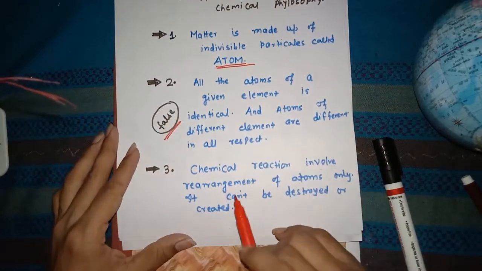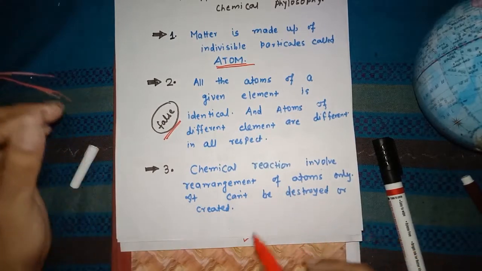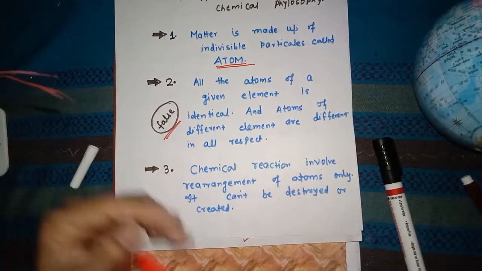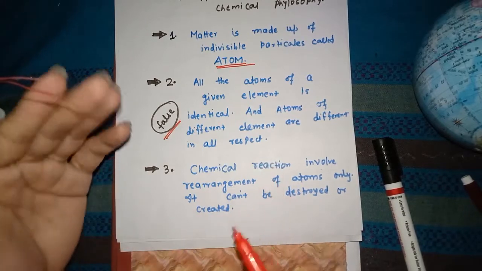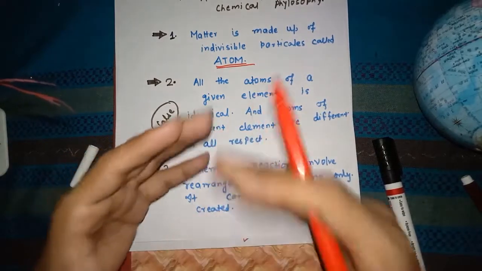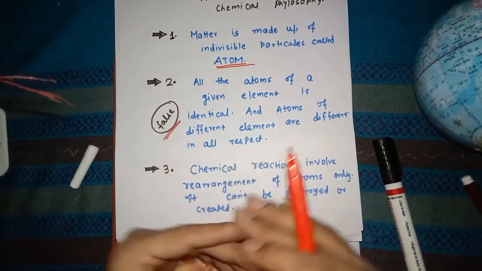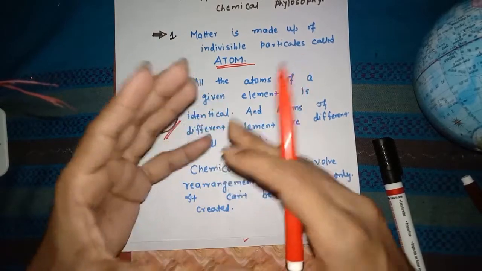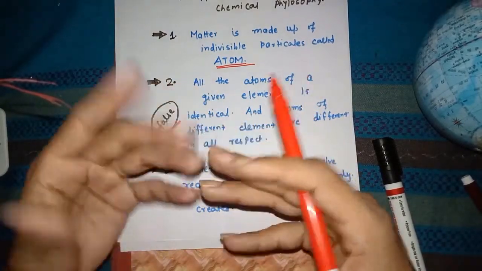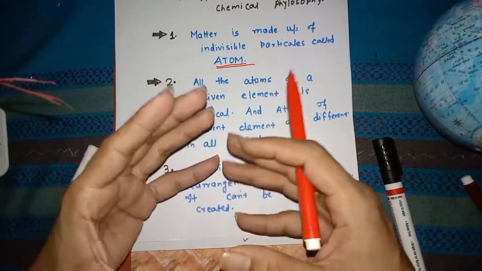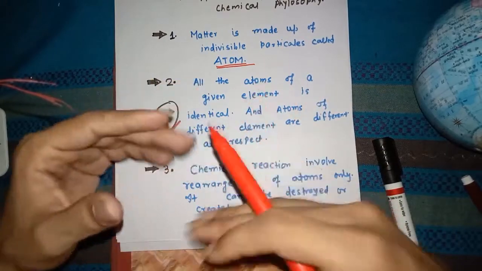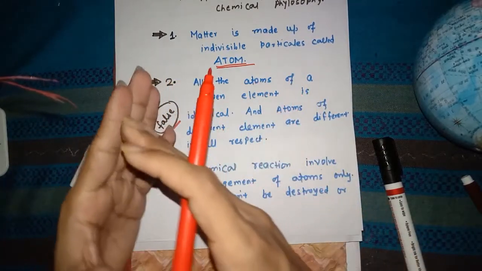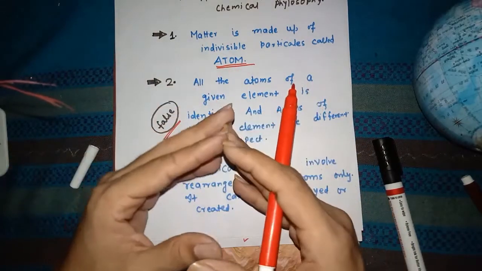The next hypothesis is that a chemical reaction involves rearrangement of atoms; atoms cannot be destroyed or created. This is a very important thing: in a chemical reaction you cannot create a new atom or destroy an atom. When hydrogen and oxygen combine, they give water.